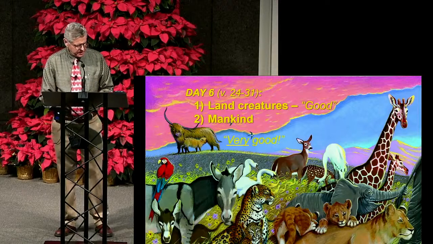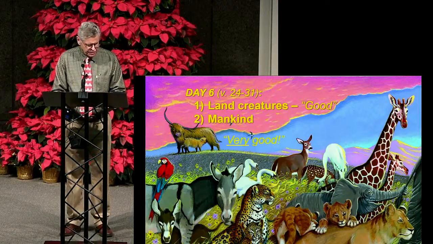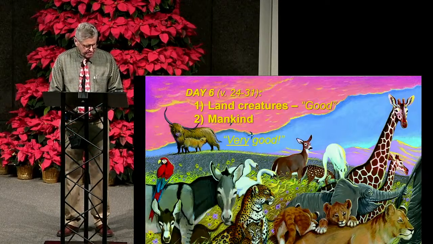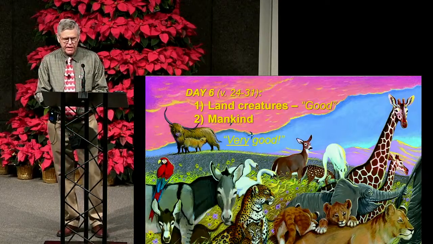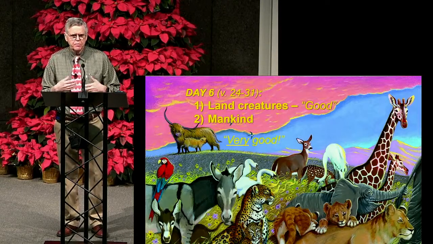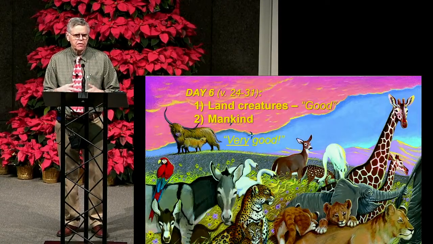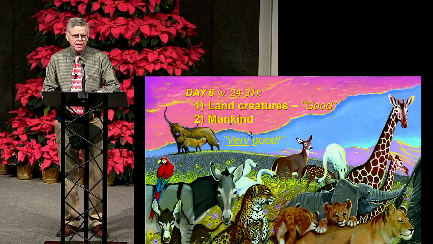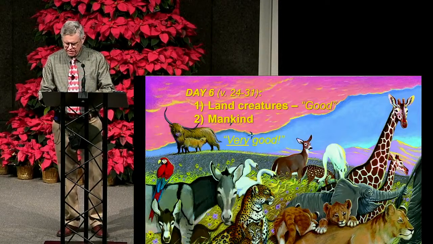And in verse 27, we read that God created man in his own image. In the image of God, he created them, male and female, he created them. In fact, all the animals were male and female so that they could reproduce and replenish the earth, or fill the earth. Even some plants have a male and a female version of them.